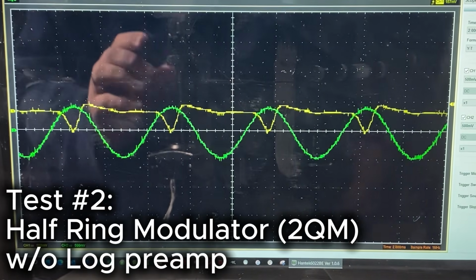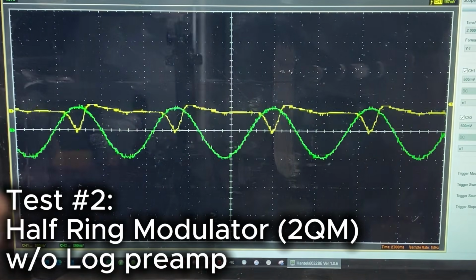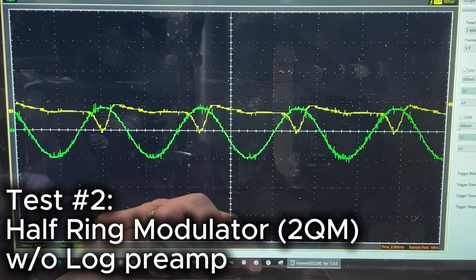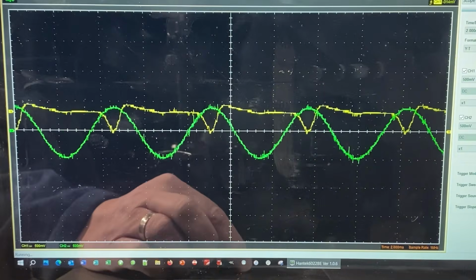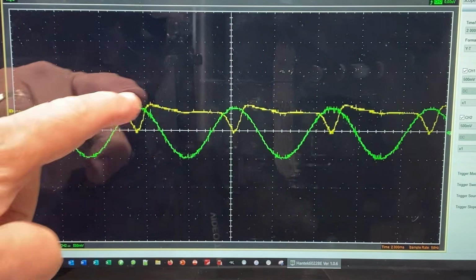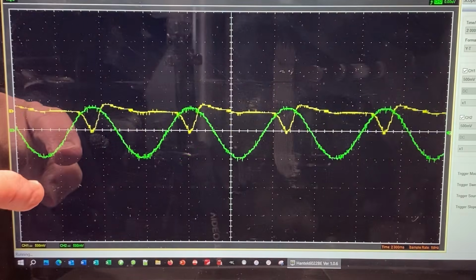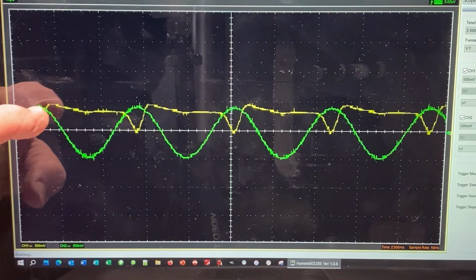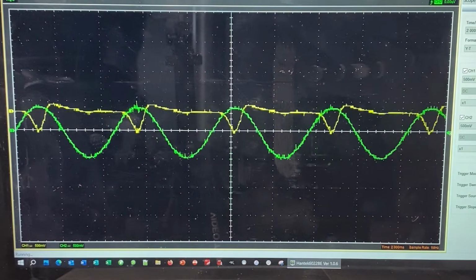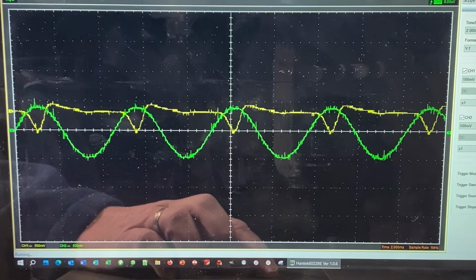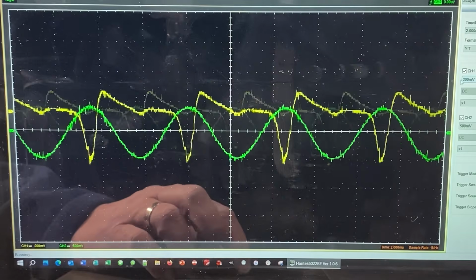All right, so this is looking at what is going on in this half ring modulator circuit. So this is my 220 hertz input signal, and you can kind of see that my output is inverted with respect to the input signal.